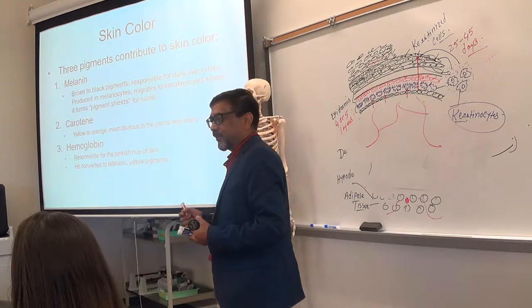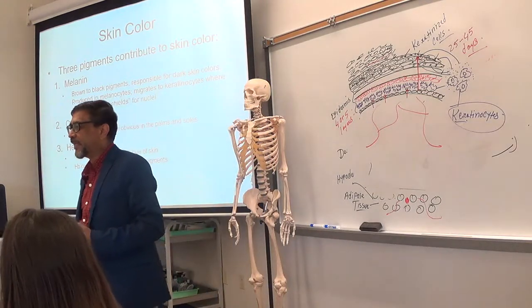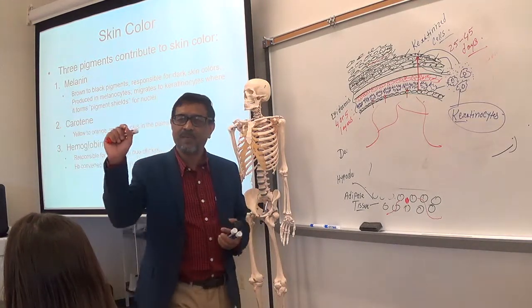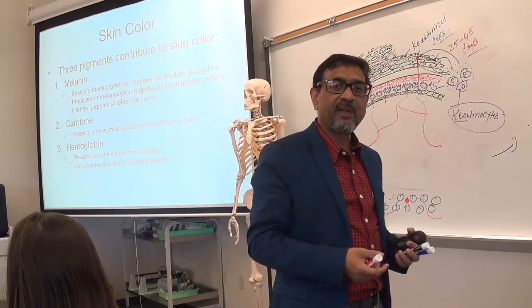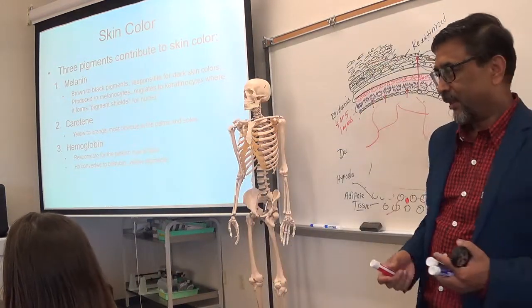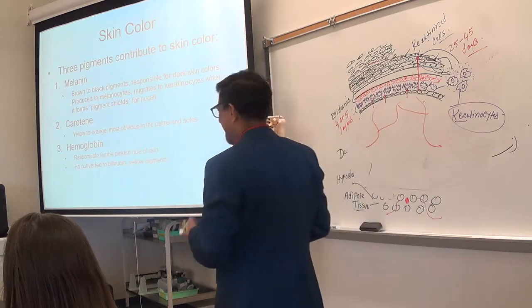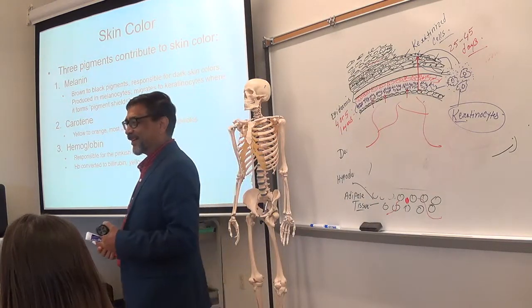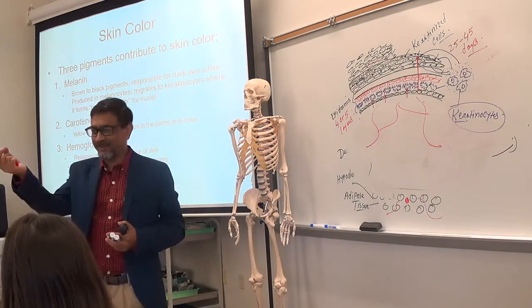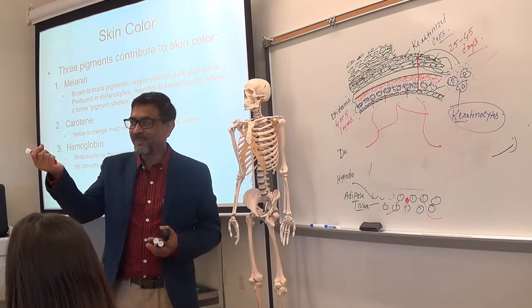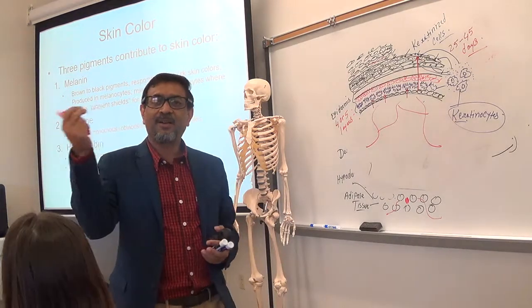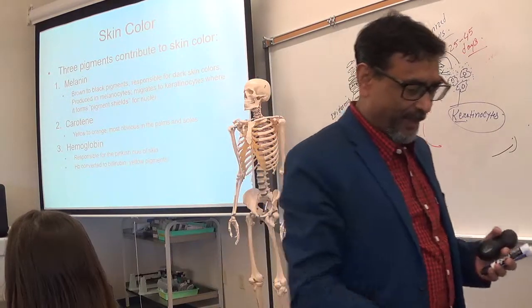Another type of pigment present in the skin in trace amount, very small amount, is called carotene. Coming from carrot. The color is like carrot, orange, right? It's a yellowish or orange color pigment.